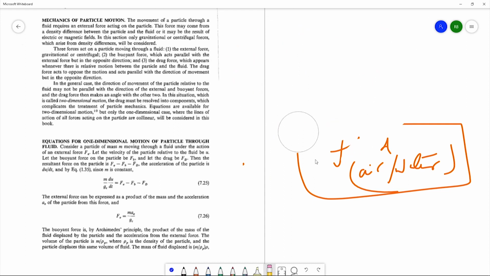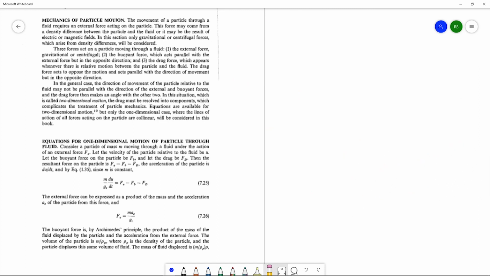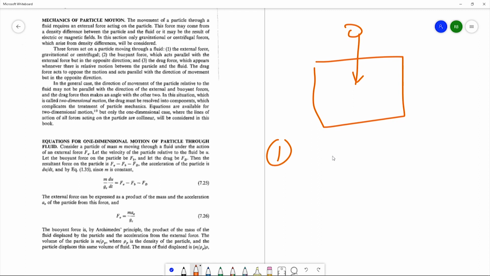Let's calculate that. The particle can move, or is falling, only because of some external force. The most common external force is gravity, because of which the particle is falling down. Second, there can be centrifugal force.